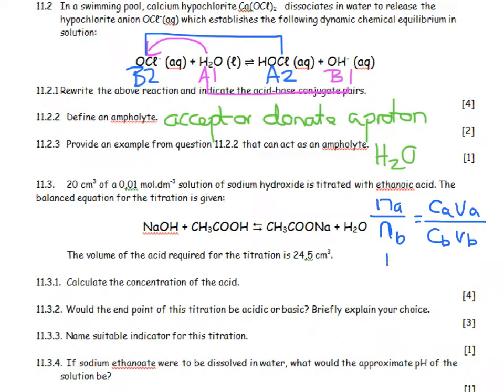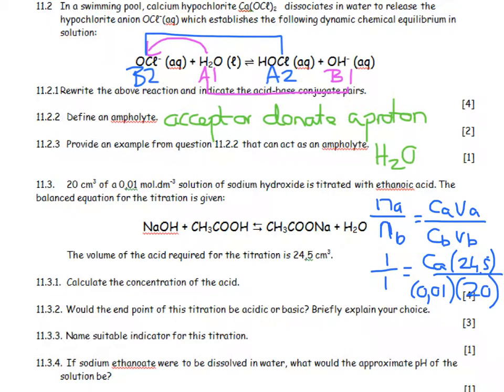And you land up with 1 over 1 is equal to the concentration of the acid is what I don't know. The volume of the acid is given to me. It's 24,5. Concentration of base 0,01, and volume of base is 20. And you could have worked out your answer from there.